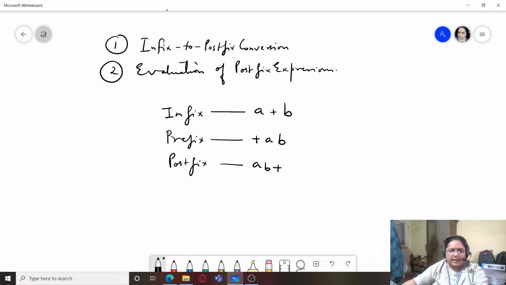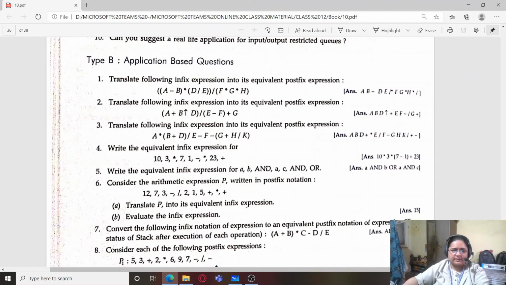It is very easy to evaluate statements in the postfix form. So this is very easy to execute or write programs for evaluating expressions which are in the postfix form. So we are going to see some questions here.